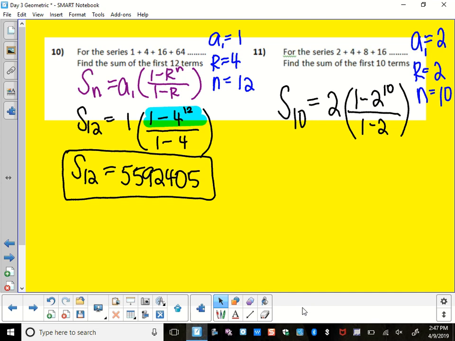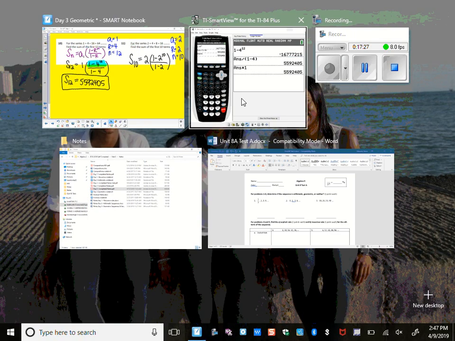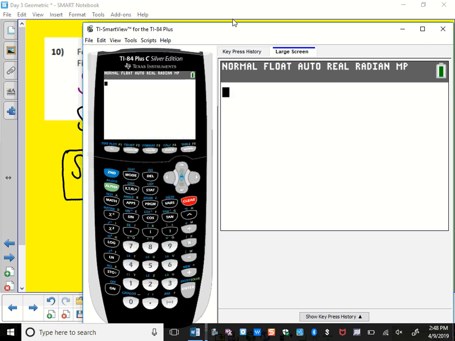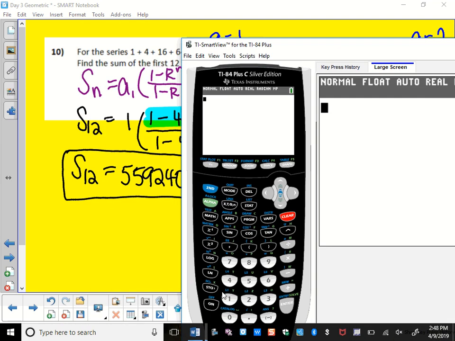So in your calculators, I have 1 minus 2 to the power of 10 equals. Then I'm going to divide by parentheses 1 minus 2. Enter.